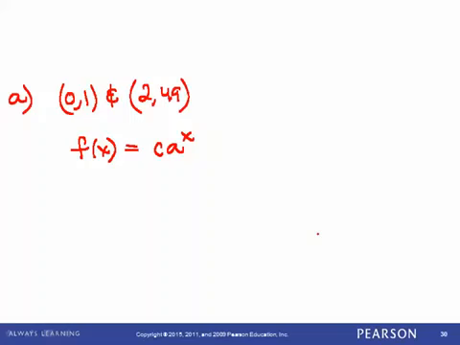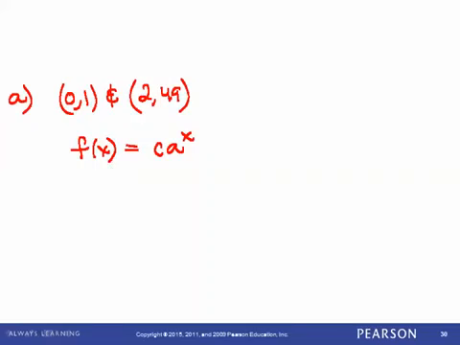Alright, so what we do, plug in. So we're just trying to figure out what in the world is C. What in the world is C? And if we plug in a 0, we should get out a 1. So in this case, that f of x, doesn't that become a 1?